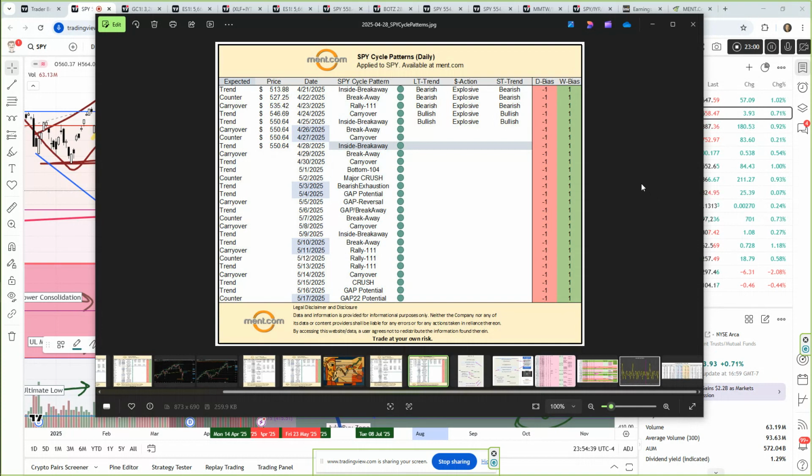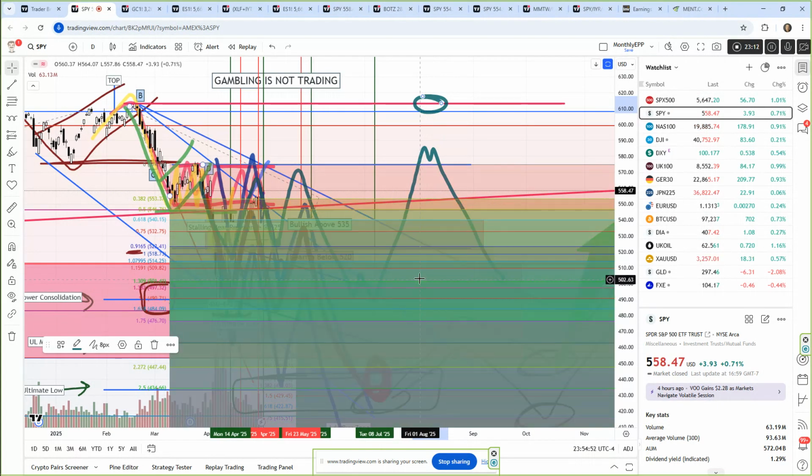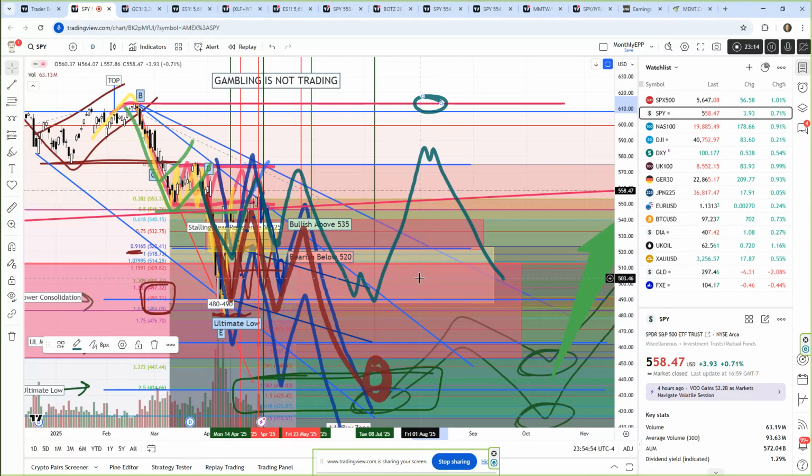Now, maybe I'm being a little egotistical, but I like to think that I provide research that you can get nowhere else, and that this is extremely valuable research as far as your ability to take it, use it, and trade as you want with it.